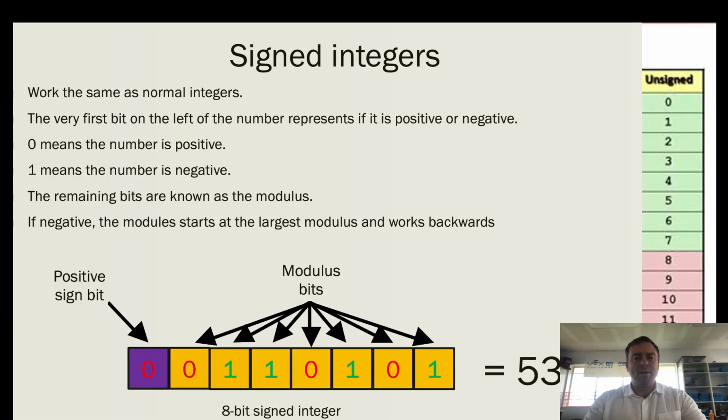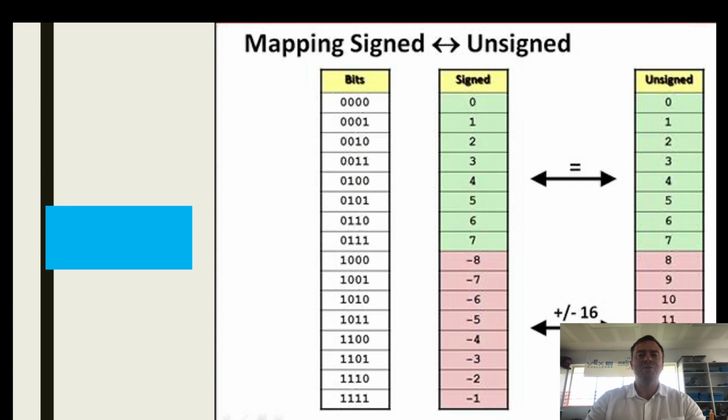So when you're mapping it, what happens is, as soon as you say it's signed or unsigned, it effectively halves your options. If it's unsigned, with a 4-bit number, you can go from 0 all the way up to 15. If you make it signed, you go from 0 up to 7, exactly the same as before, except now, if it's 1, 0, 0, 0, that's the smallest number that you can make, which would be -8.